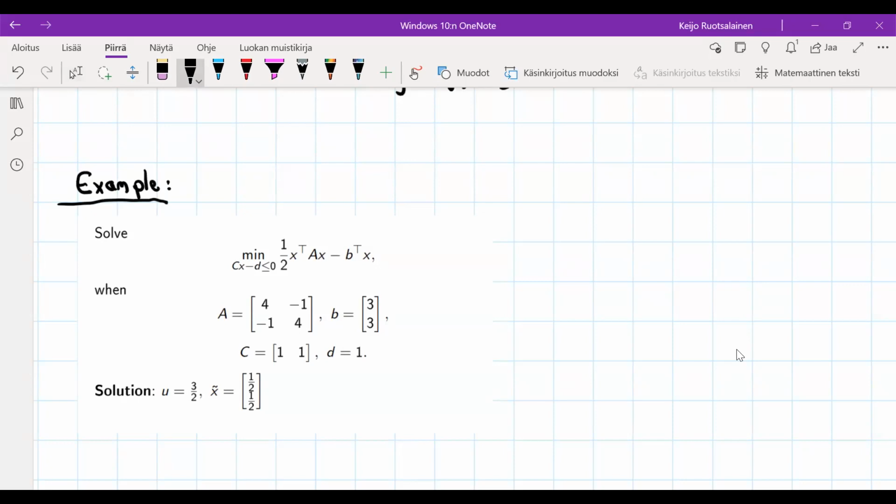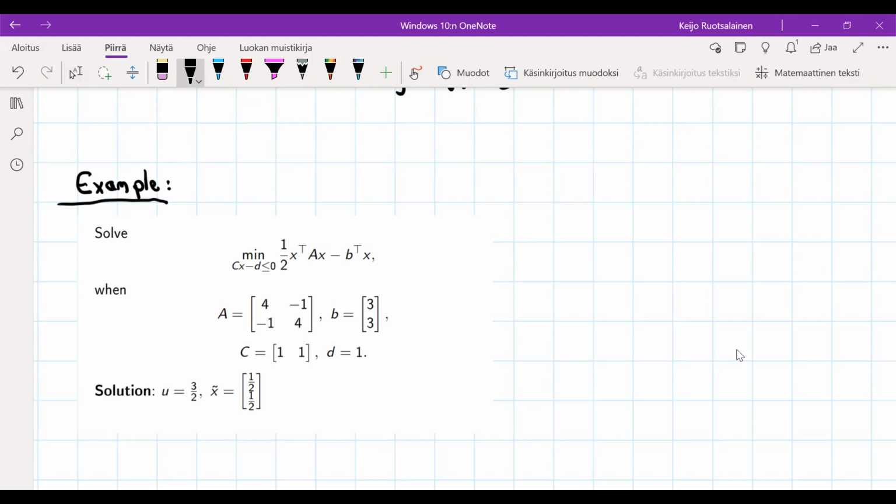Vector b has coordinates 3 and 3. For the matrix C, I have just one constraint now. The matrix C has coordinates 1 and 1, and d is 1. I have already provided the solution. The Lagrangian multiplier must be 3/2, and the minimum point has coordinates 1/2.